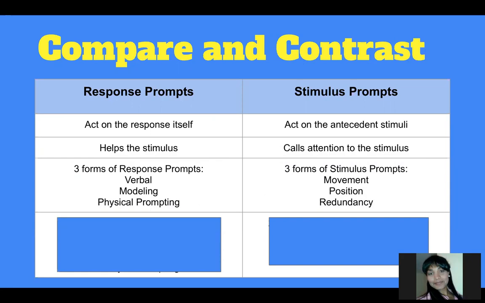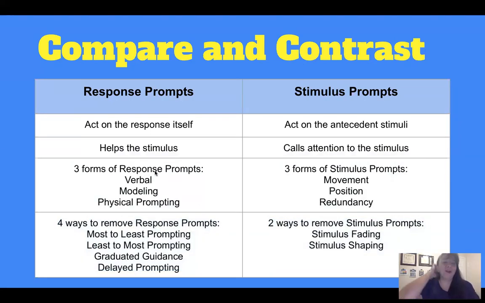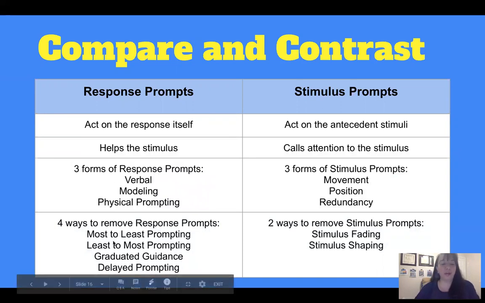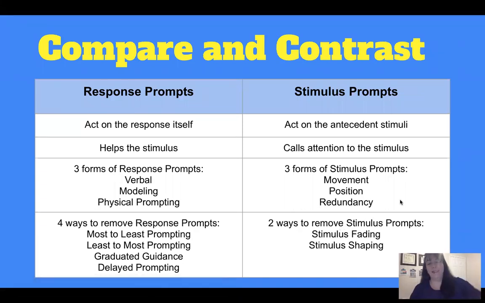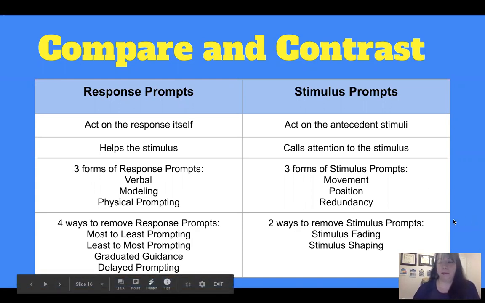Response prompt. Perfect. I was trying to make it different than what we usually do. So four ways to remove it, and this one has two ways to remove it. Wow, this was great, guys. So basically, this is a chart that shows the differences between both. Awesome. Do you guys have any questions about this?